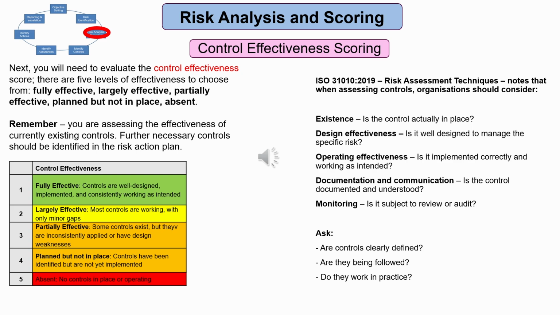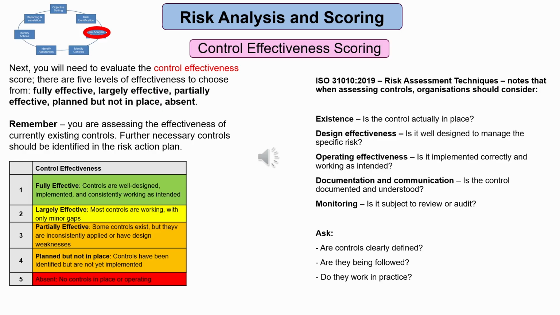The document ISO 31010 from 2019, Risk Assessment Techniques, notes that when assessing controls, organisations should consider existence, so is the control actually in place? Design effectiveness, is the control well designed to manage the specific risk?